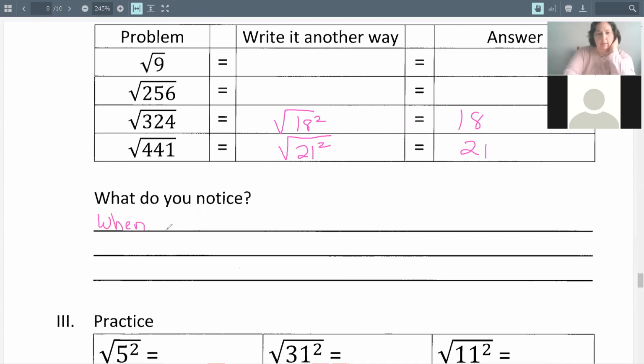When the index, and when you don't see an index, that means it's a 2 for square root, when the index equals the exponent, so in all of these examples, the index was a 2 and the exponent was a 2. When they're equal, the answer is the base of the radicand.